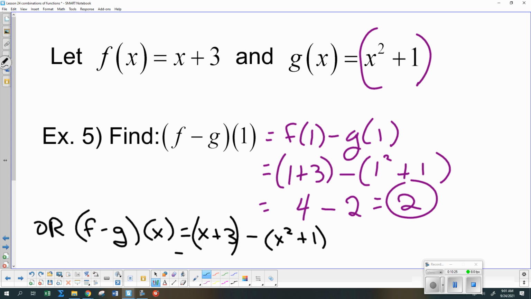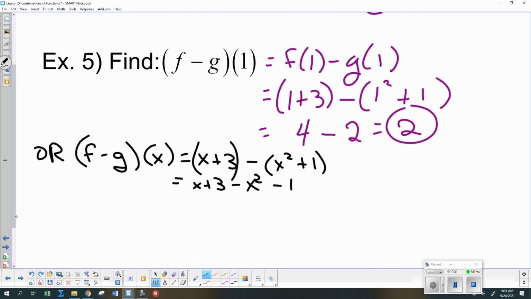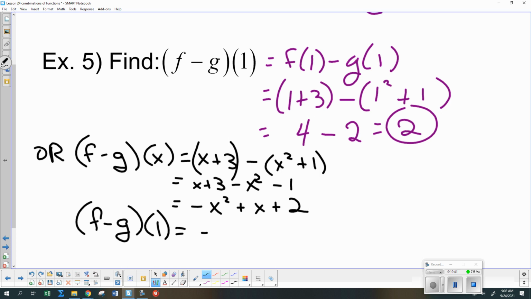So I had to distribute that minus sign, x plus 3 minus x squared minus 1, or minus x squared plus x plus 2. Then if I wanted f minus g of 1, I'd have negative 1 plus 1 plus 2, and I could get 2 that way. Either way is correct. So thumbs up, thumbs down in the middle. How do we feel with the plus minus times divides?